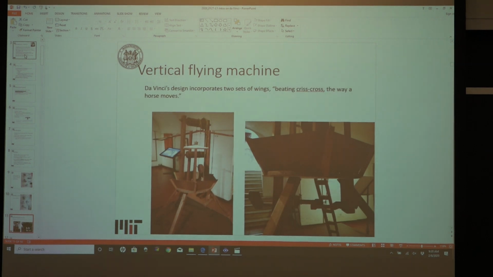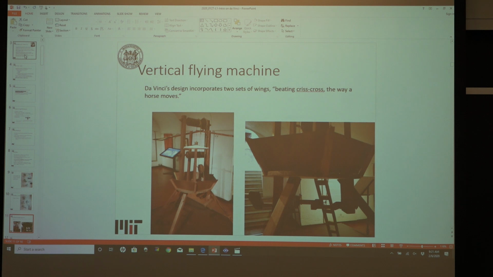So, the vertical flying machine. What we're going to see here, this is just a wooden mock-up of the flying machine. It has a retractable ladder. So when you're thinking of the scale of this, I believe it was about 12 meters or something in length. All right. So somebody would have had to climb in and the ladder would have been retracted.